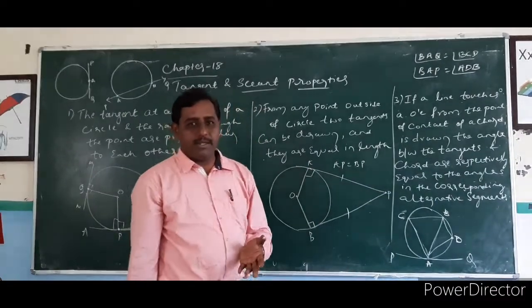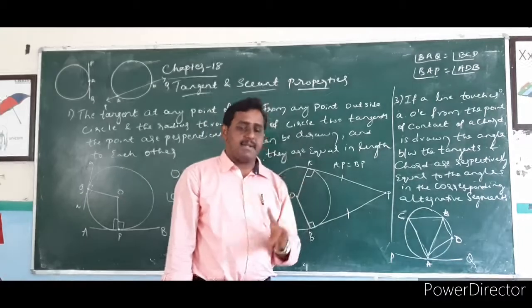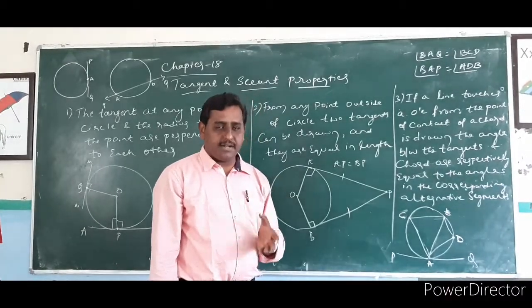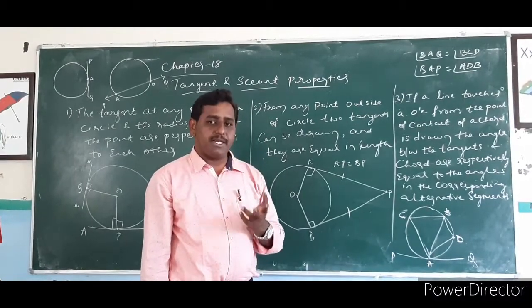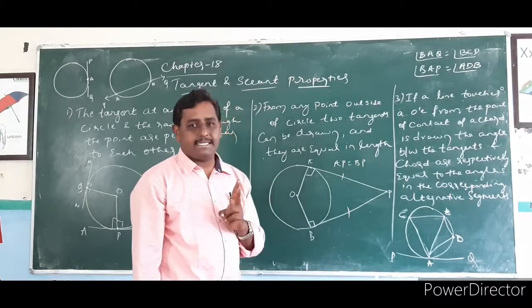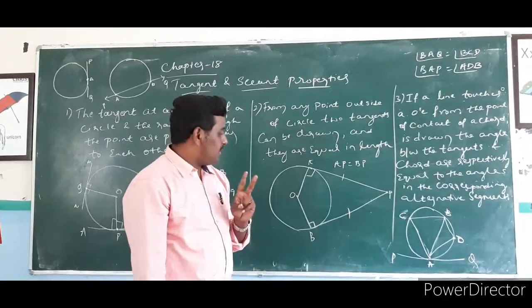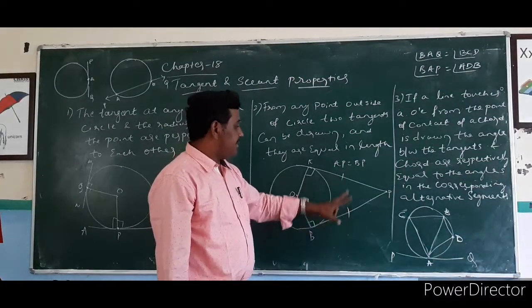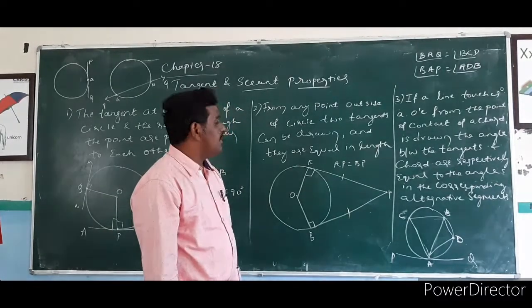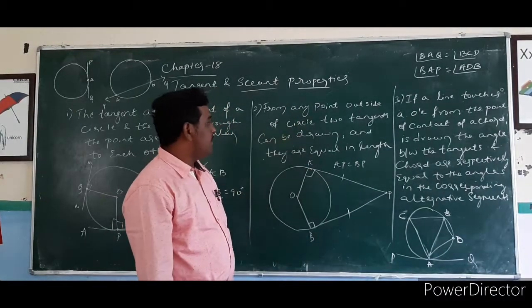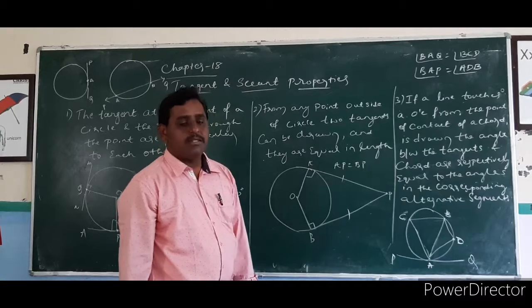So from an external point, only two tangents are possible, and the two tangents are equal in length. This is the second point from your syllabus.